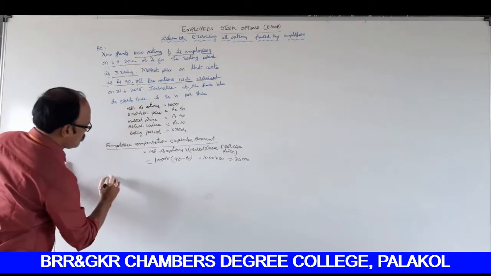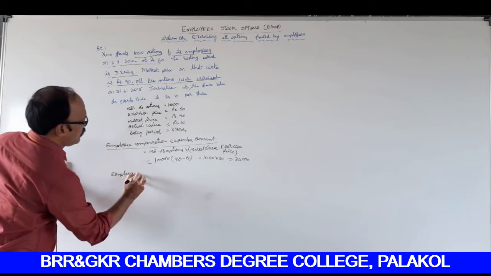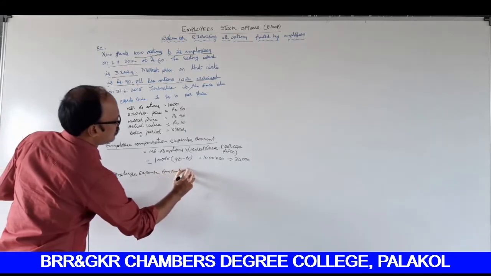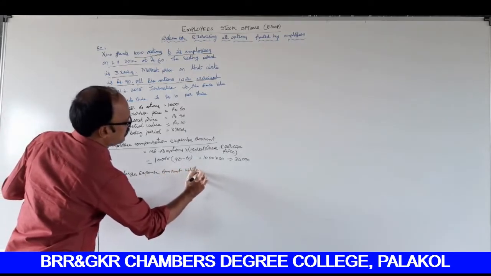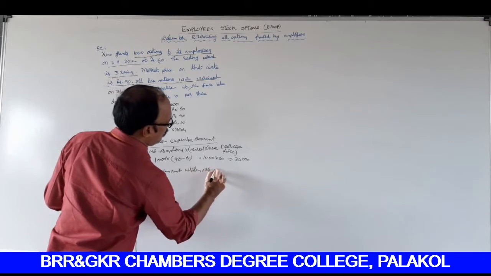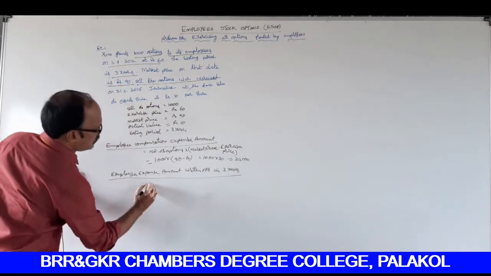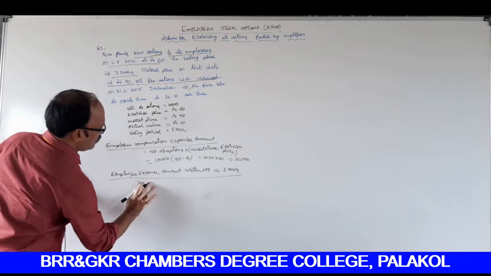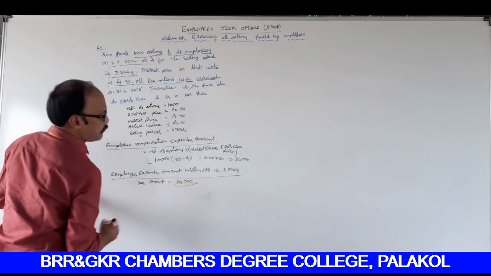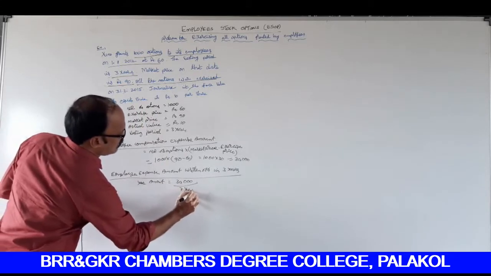So the employee expense amount written off in 3 years, yearly amount is 30,000 by vesting period 3 years.